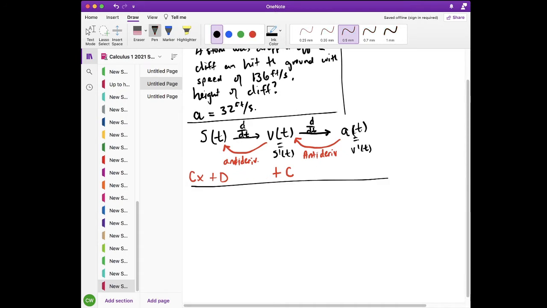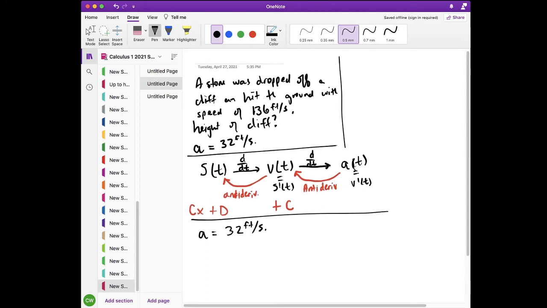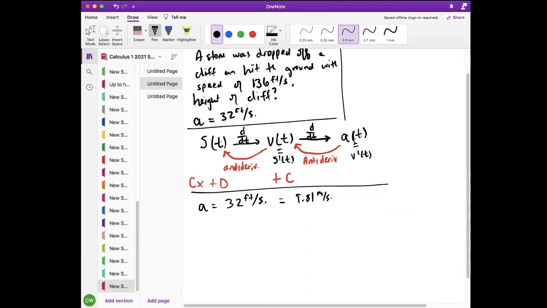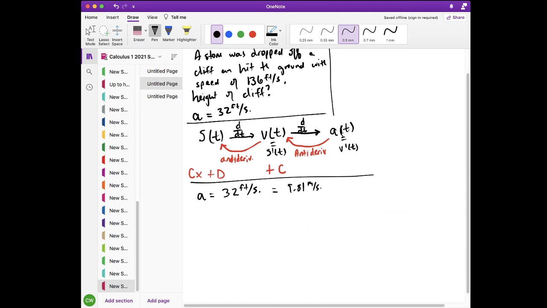So we know the acceleration constant is 32 feet per second. That's the given. I think this is like the 9.81 meters per second, and that's in metric. If I know that the acceleration is constant, right? There are no rocket propellers, you're just dropping it.